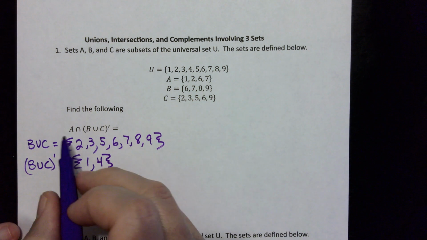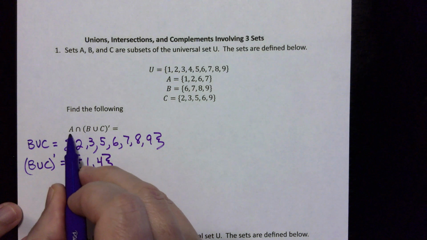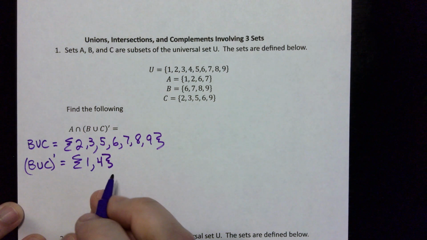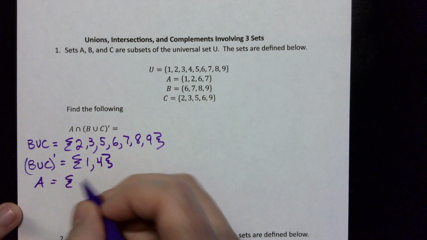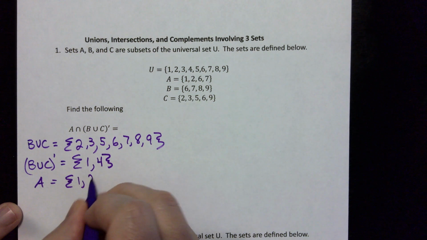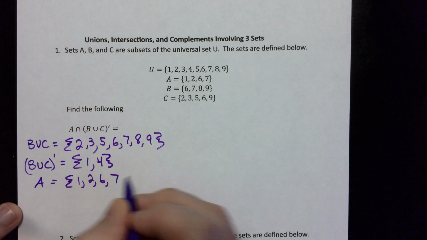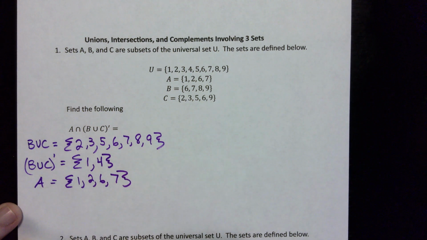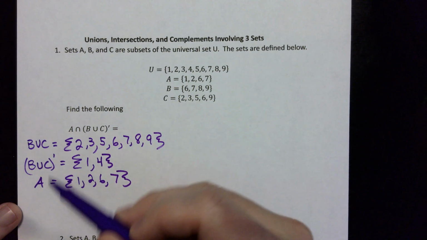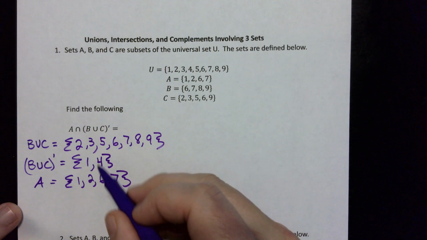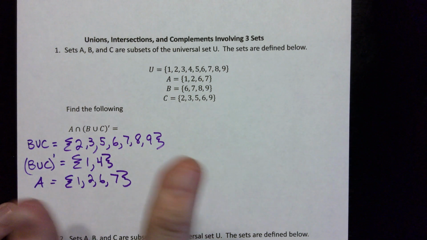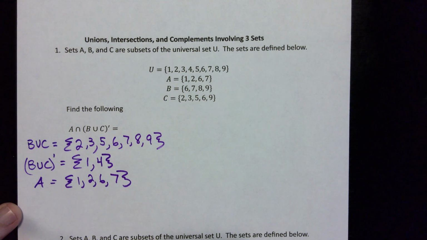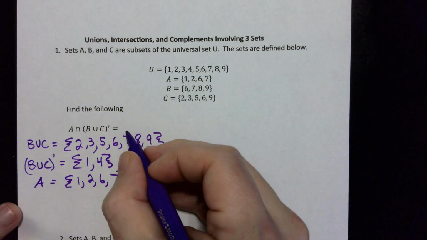And it's asking us to intersect A with that. So A intersect what we just found. Remember that A is 1, 2, 6, 7. The intersection is what's in between, which means it has to show up in both in order for us to write it down.